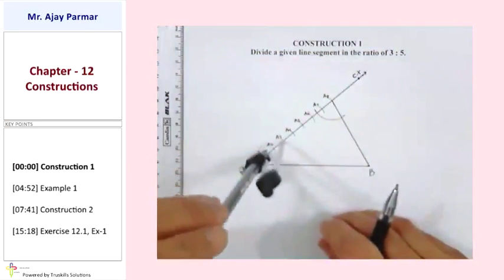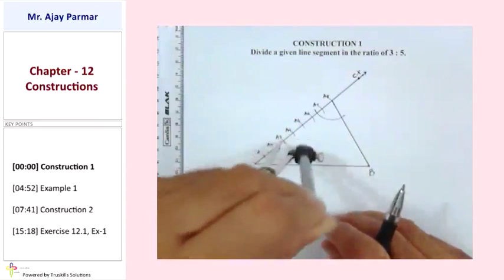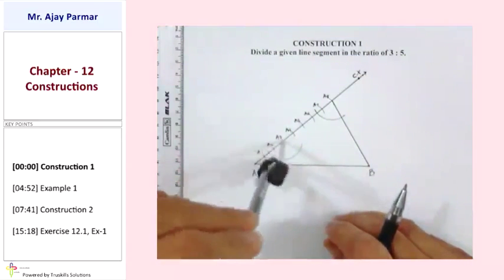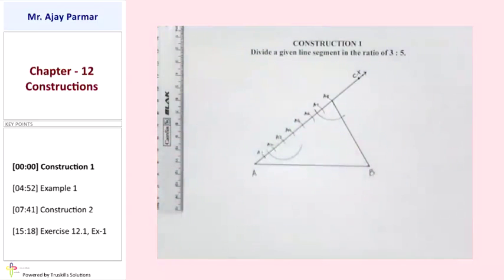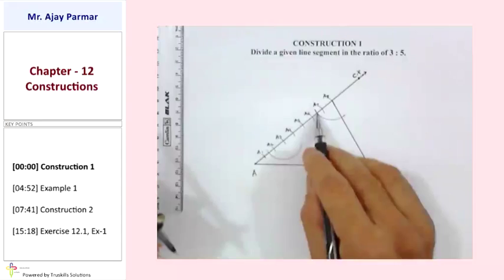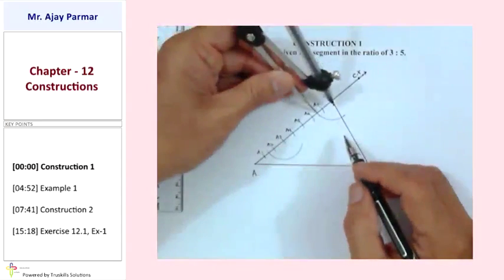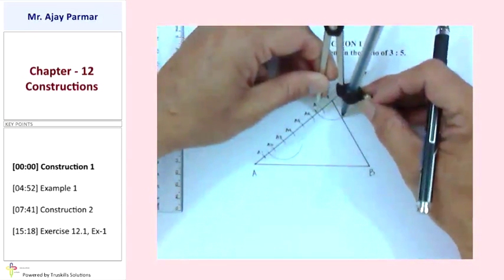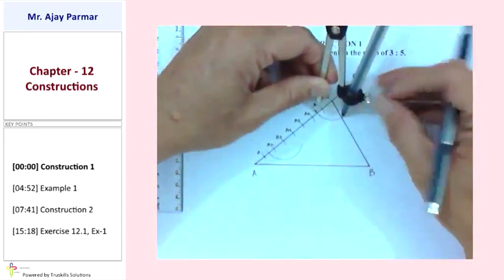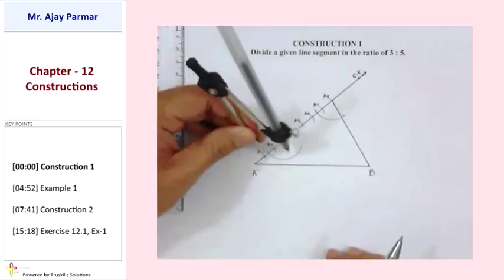I shall draw an arc of the same radius. Take care that you draw a little bit bigger arc. Now, with this point and this point, we shall measure the radius, and this is the radius that I am going to take up. It is a simple construction of parallel lines.